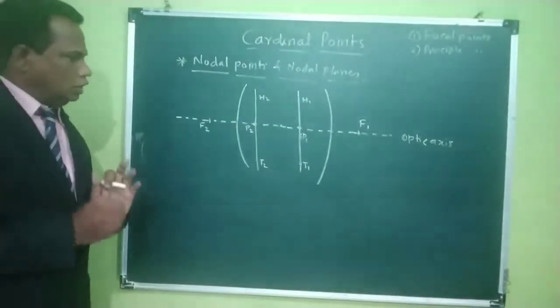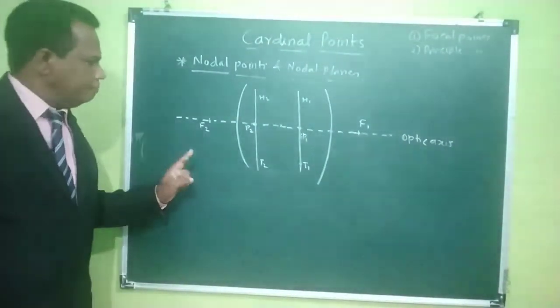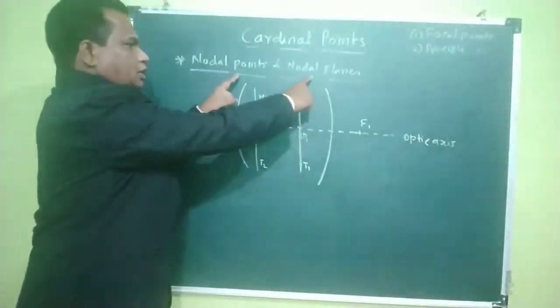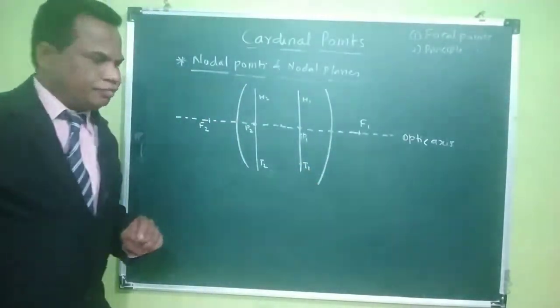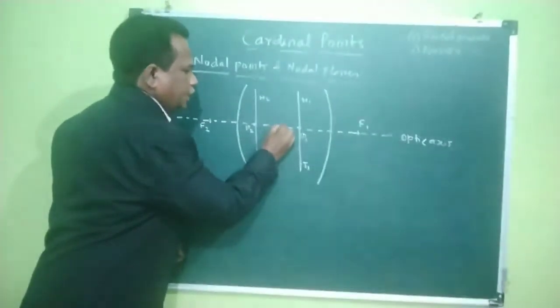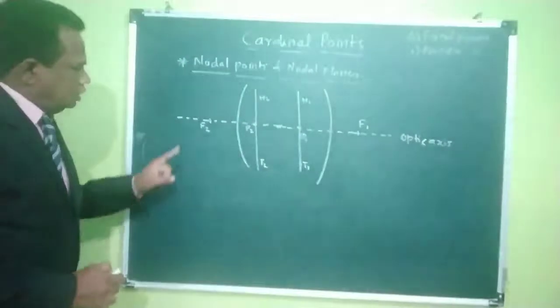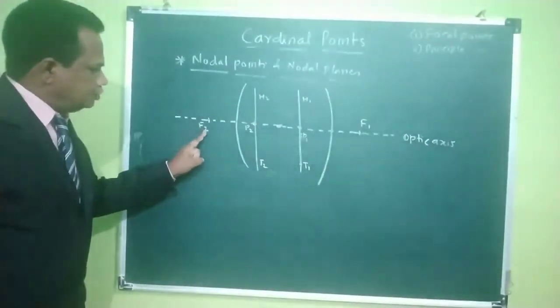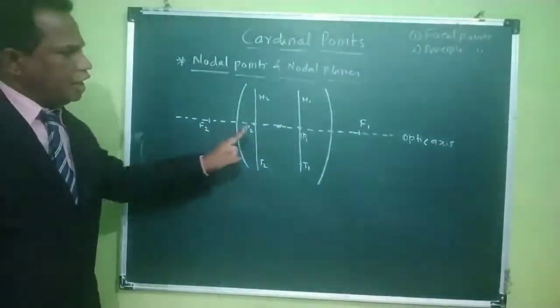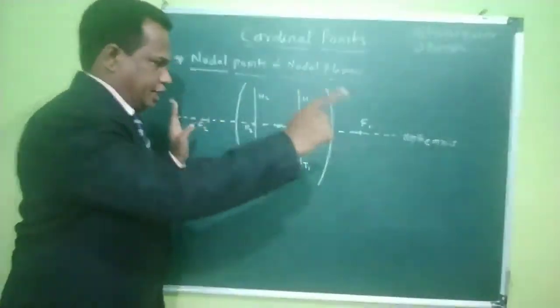So what I have drawn here, see once again. Consider the thick lens. This is the center of the lens. Consider the two focal points, F2 and F1, on either side of the lens.